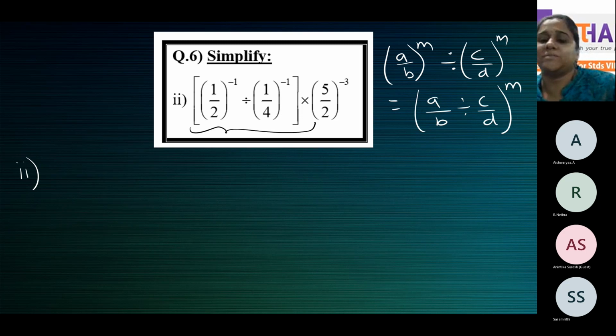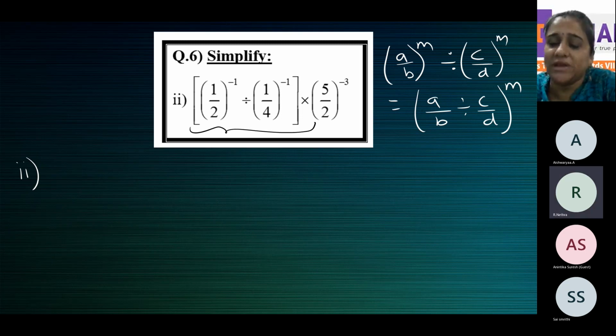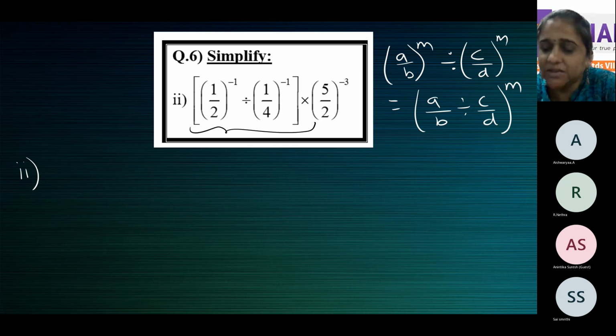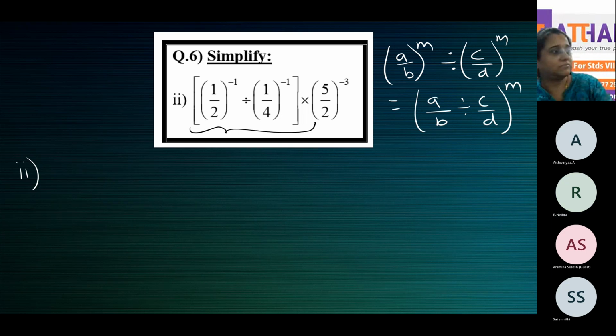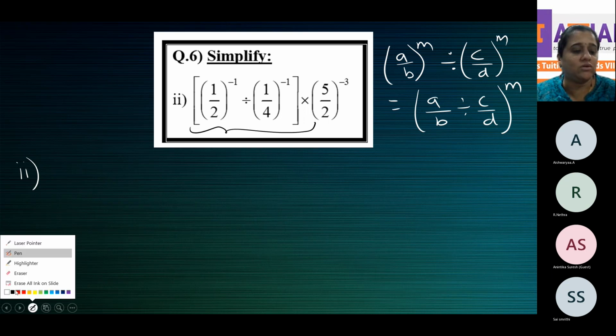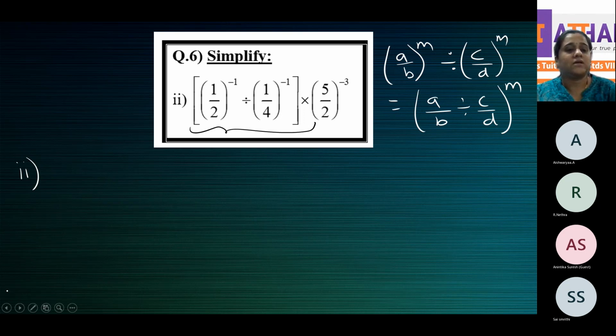When the bases are different, but the powers are the same, and the operation is division, divide the bases a by b divided by c by d and raise it to the same power m. This is the rule. According to this rule, the bases are different, no, and the power is the same. So divide the bases. 1 by 2 divided by 1 by 4.